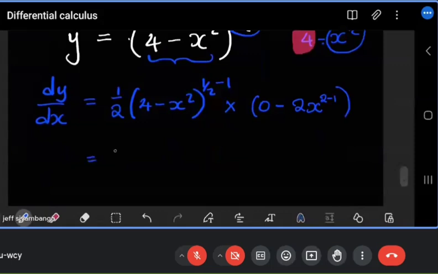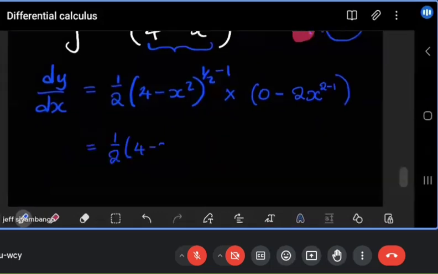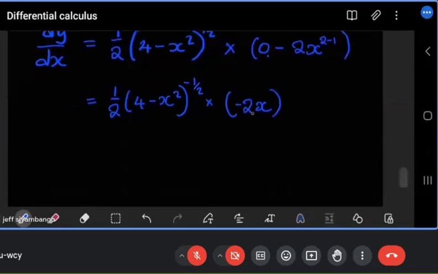The first part will remain 1 over 2, and then 4 minus x squared. Half minus 1 is minus half. But now this is a 0, so no need to write it. But now this will be minus 2x. This is 2 minus 1, which will just be 1. So it will remain like this. Now I'll multiply this with this, because these two can multiply.